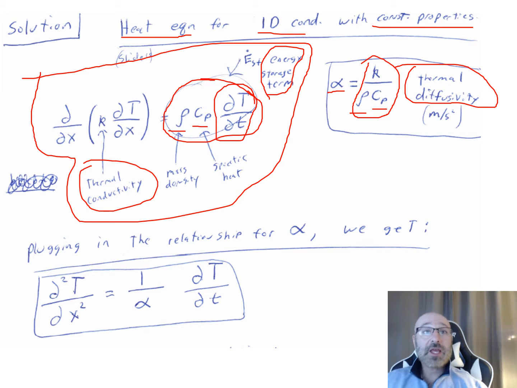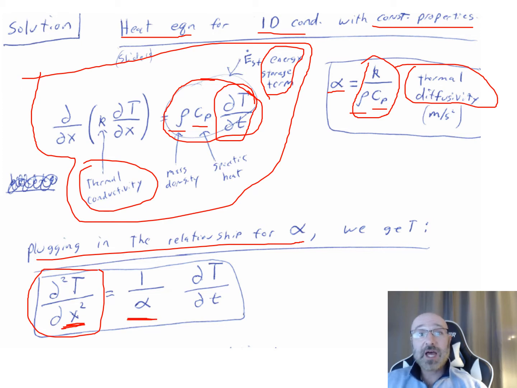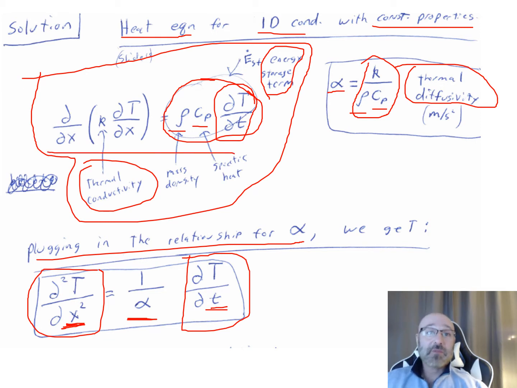When we plug in this relationship for our alpha term, we end up with the second partial derivative of temperature with respect to distance in the x direction equal to 1 over alpha, our thermal diffusivity, times our partial of temperature with respect to time. So now we have distance and time in our general heat equation. This comes from our general equation and the relationship for alpha, and we plug that in to come up with a simplified version.